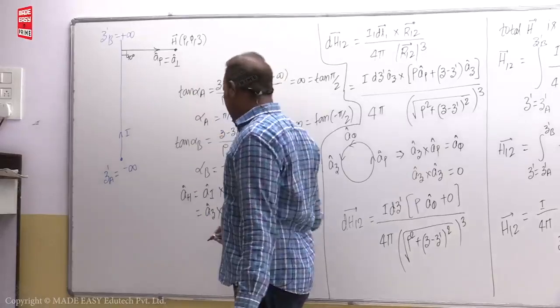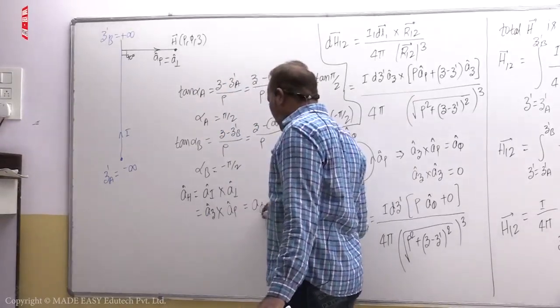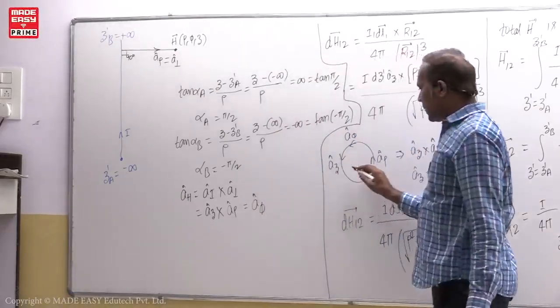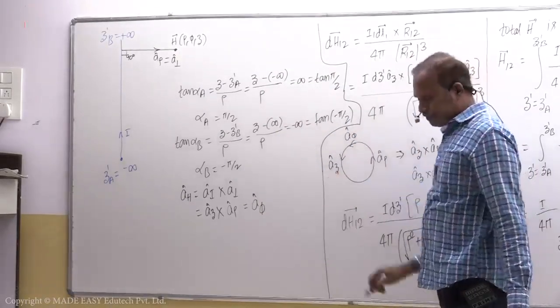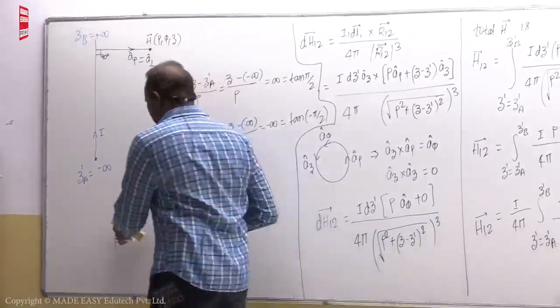So AZ cross arrow is A pi. Here you can see AZ cross arrow gives A pi. Now let us substitute this in the formula.